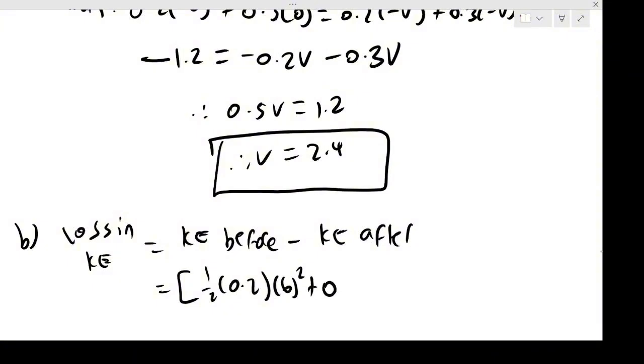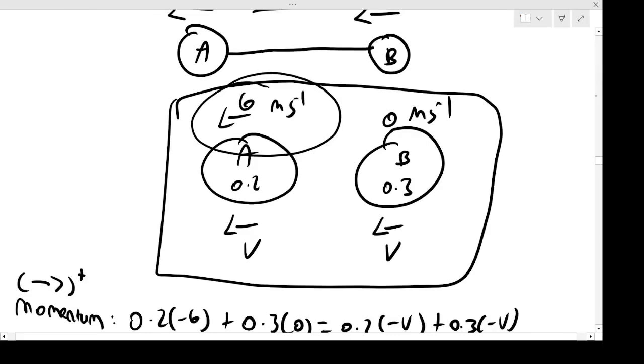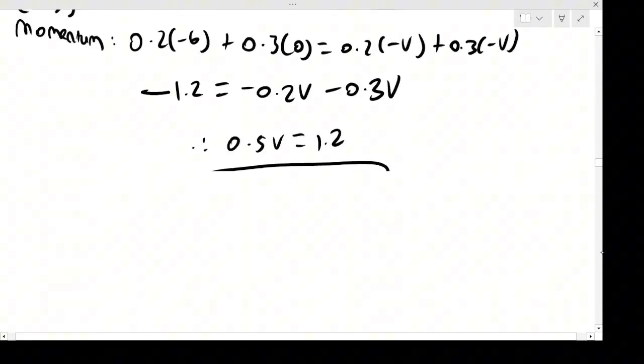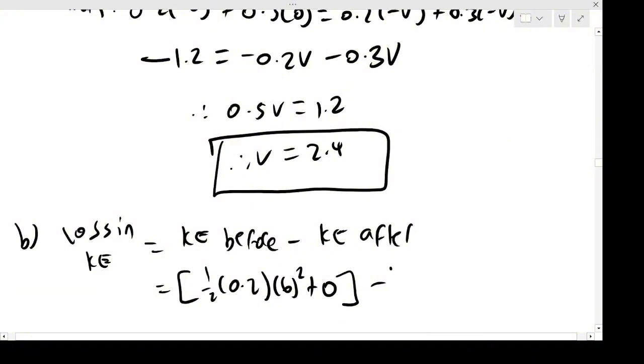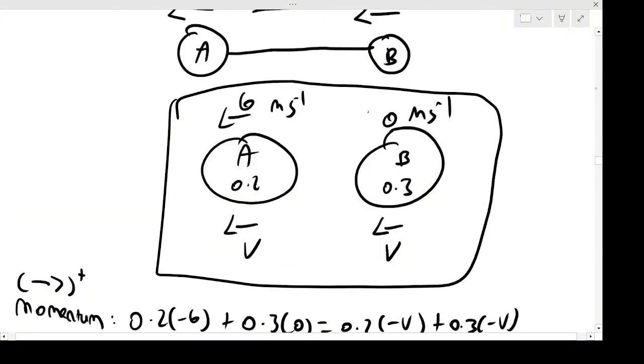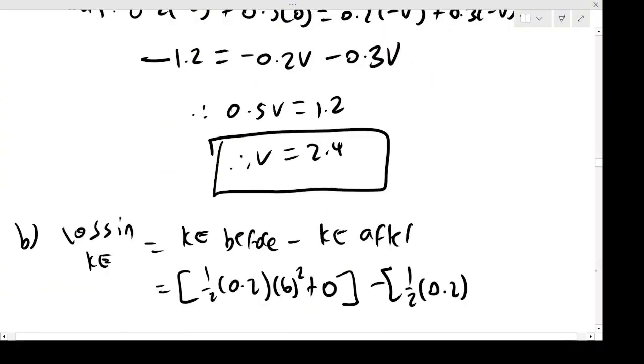But then B is going to be 0, right? Because it starts at rest. There's no speed initially, right? So it's 0 there. Then take away a half of 0.2, and then for A, well, it's V, right? It's 2.4, right? So 2.4 squared, and then for B, it's a half times 0.3, lots of 2.4 squared.